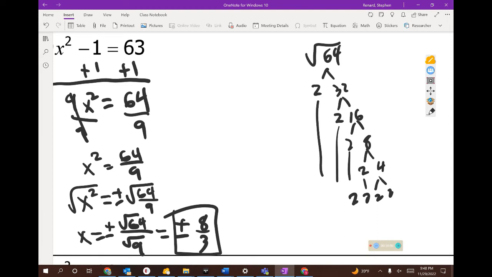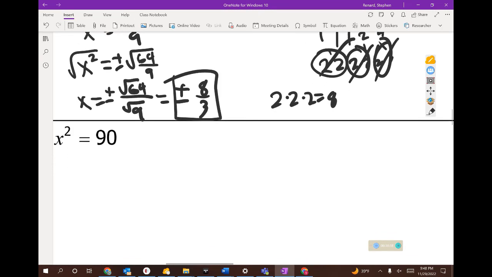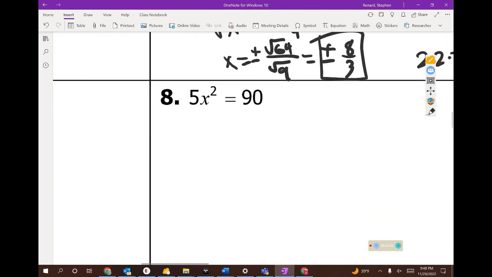So you could say that 2 to the 6th power is 64, and you'd be correct. Well, notice here we have 1, 2, 3 pairs of 2s. So 2 times 2 times 2 equals 8. Okay, 8.